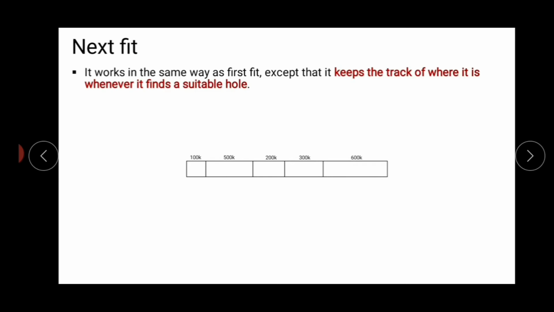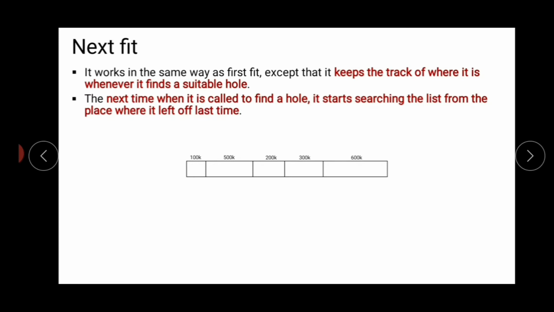So in next fit, what will happen? It works in the same way as first fit, except that it keeps track of where it is whenever it finds a suitable hole. So the next time when it is called to find a hole, it starts searching the list from the place where it left off last time.